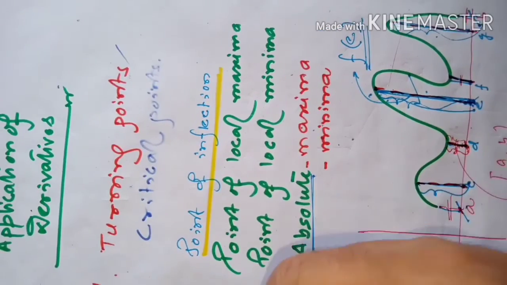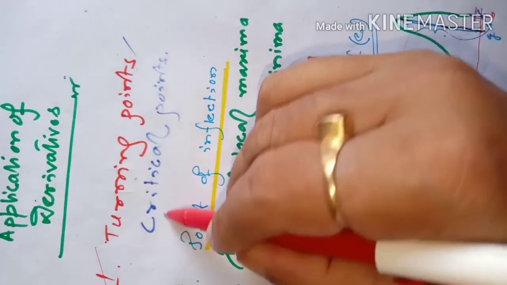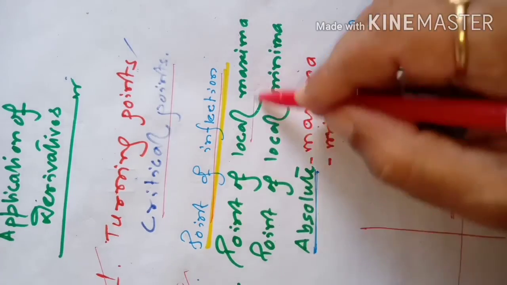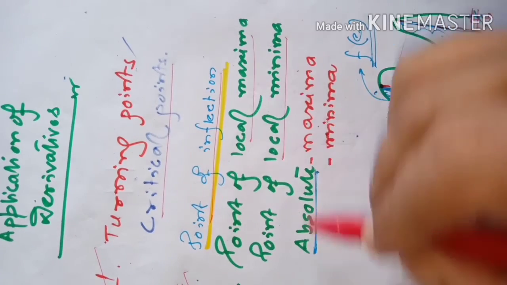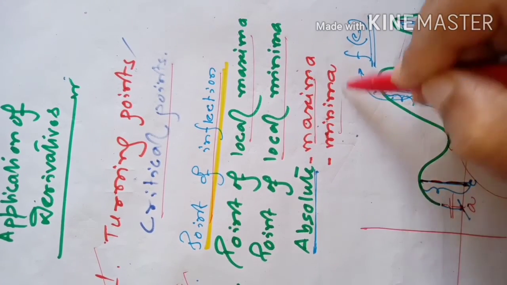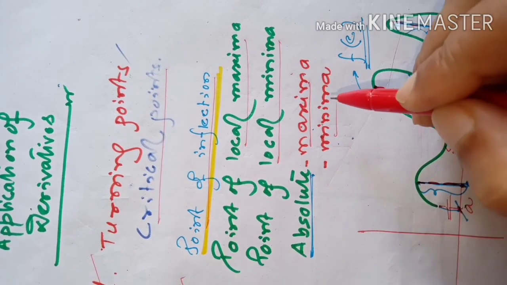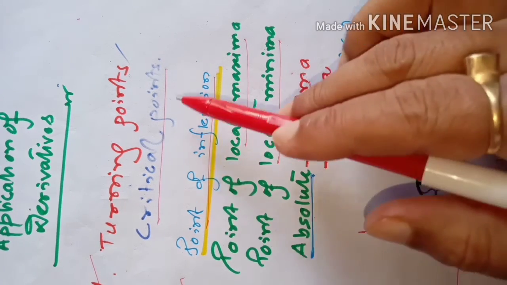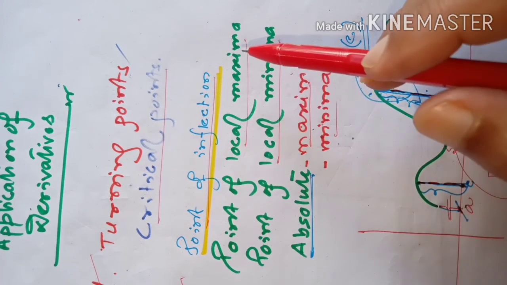So today we have discussed turning points or critical points, point of inflection, point of local maxima, point of local minima, absolute maxima, absolute minima. With the help of derivatives, we can determine which are the critical points or which are the turning points, and what is a point of inflection.